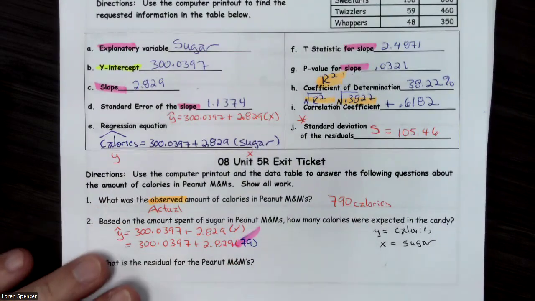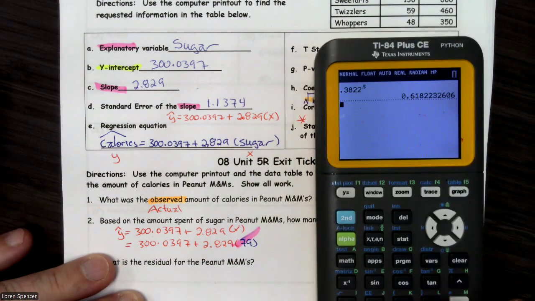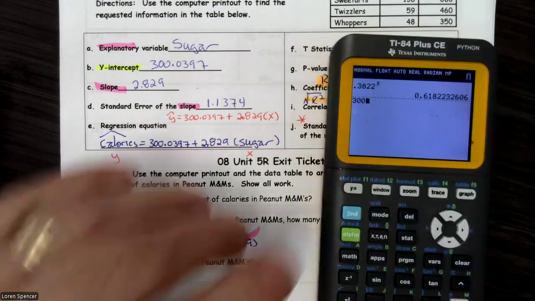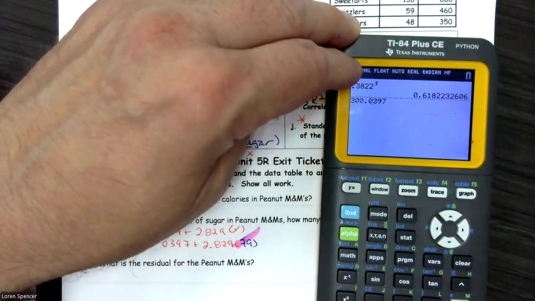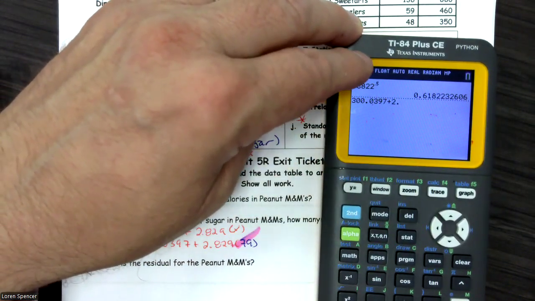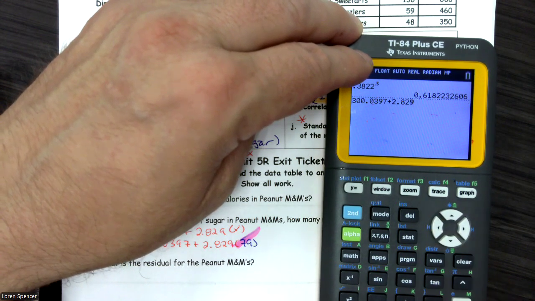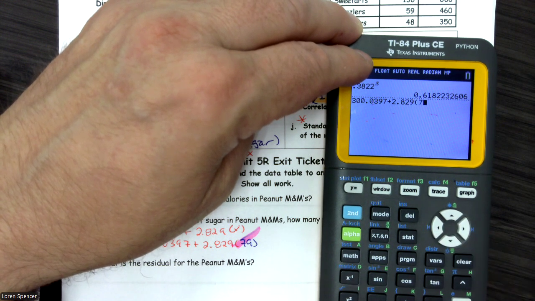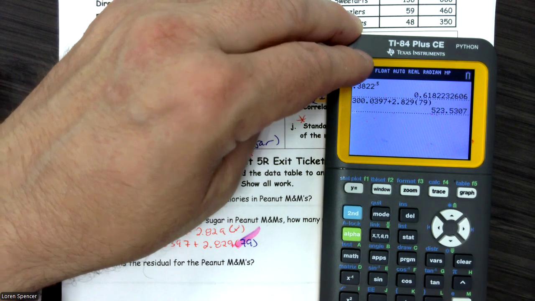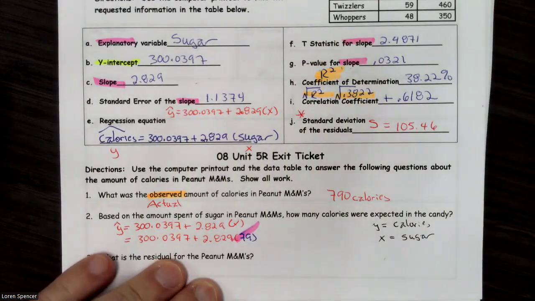All right, so let's go to the calculator and calculate that out. So 300.0397 plus 2.829 times parentheses 79 gives 523.5307, which is what we expect.